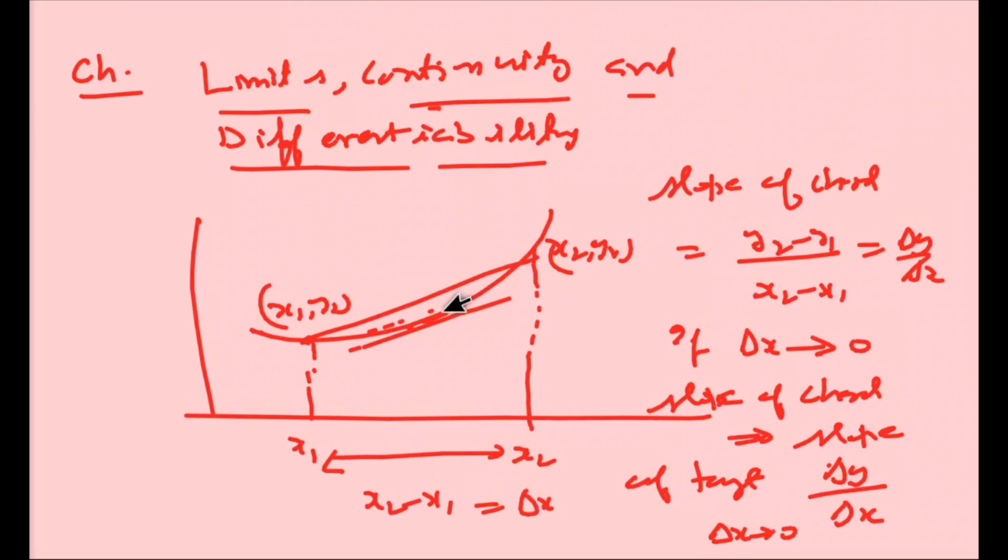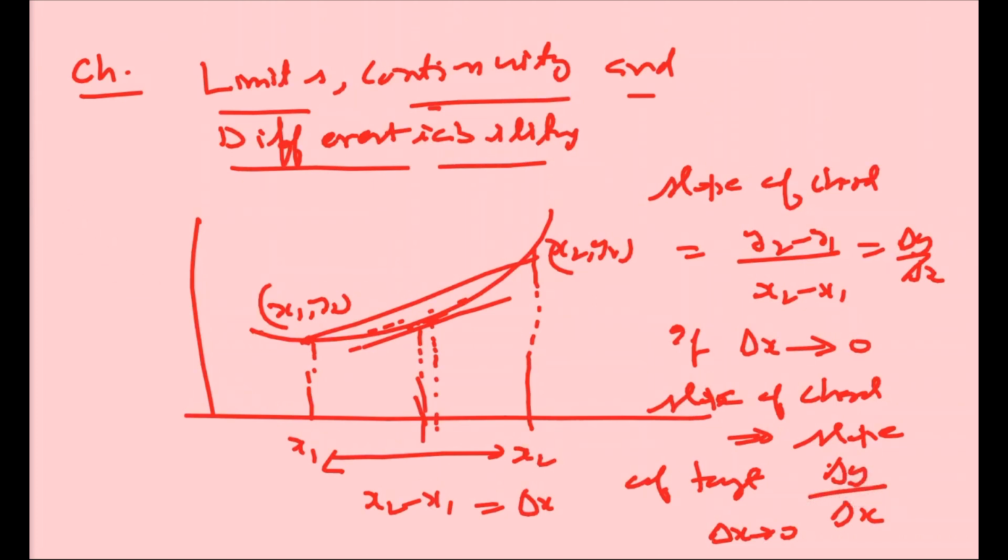At any instant point, the difference x2 minus x1 is very small. Here the difference delta x is very small, tends towards 0. At any instant point, this slope delta y by delta x is taken as delta x tends towards 0.